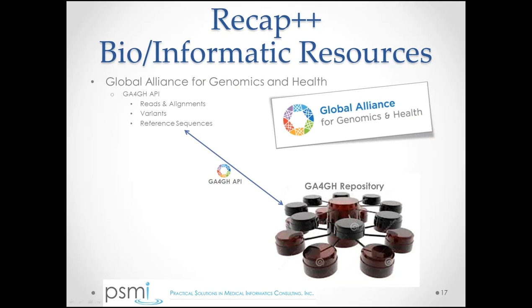And so Google is actively involved in helping to push the envelope of the GA4GH API. So again, FHIR wasn't designed, and at this point doesn't have the functionality, to query the raw data from next generation sequencing. And the idea is that FHIR and GA4GH have this kind of shared sense of boundary.